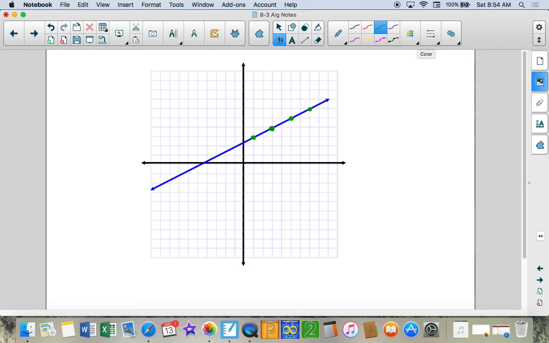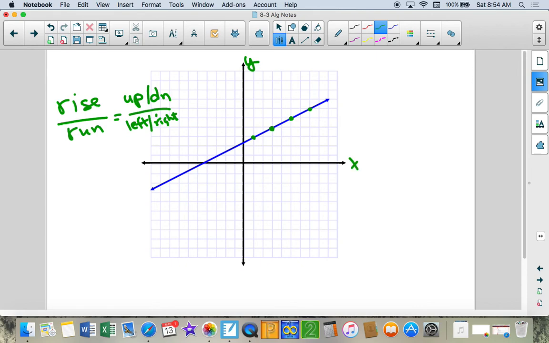So if I wanted to figure out slope, slope is the rate of change of the rise over the run. And when we rise, we go up and down. And when we go up and down, we're talking about the y-axis. And when we run, we go left and right. Left and right deals with the x-axis.